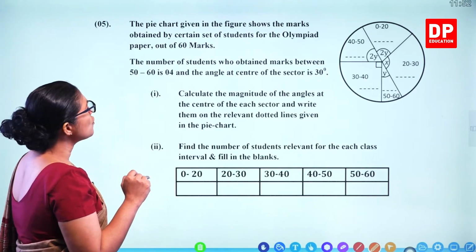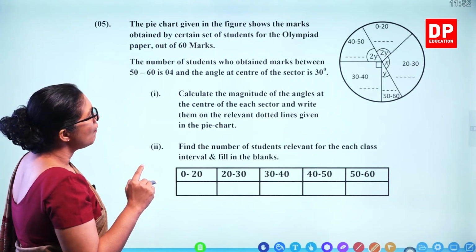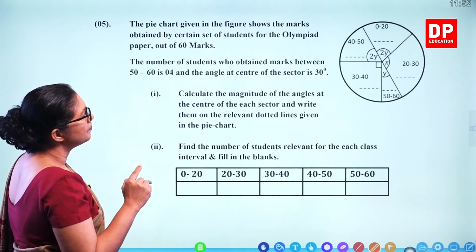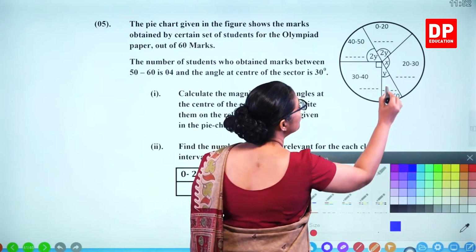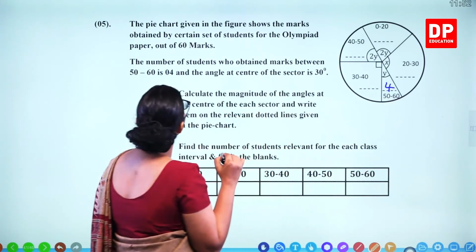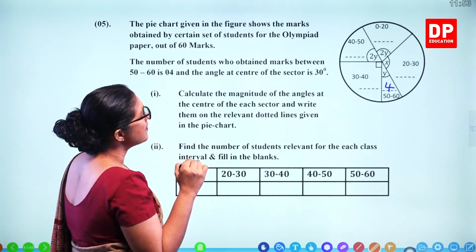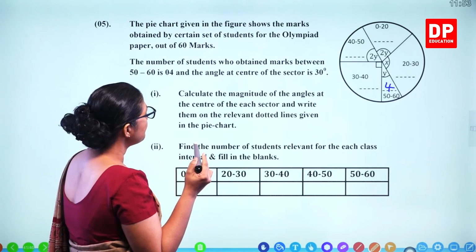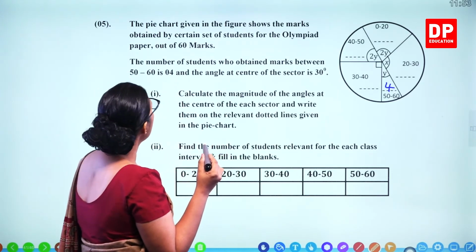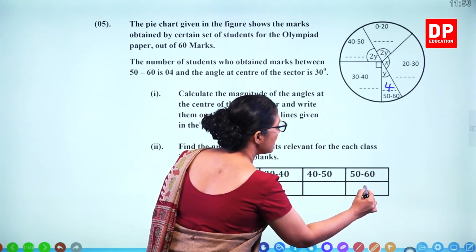The number of students who obtain marks between 50 to 60 is 4. 50 to 60, that means 4 students are given here. And the angle at center of the sector is 30 degrees. So y is given 30.